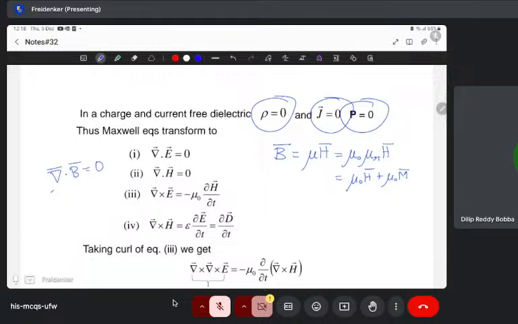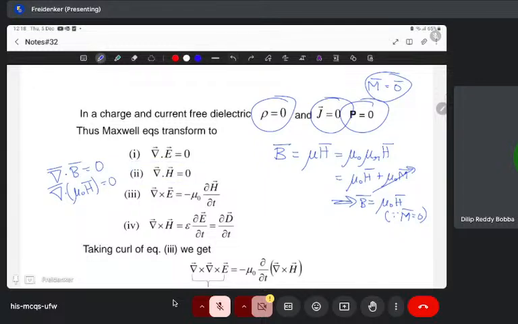So divergence of B is nothing but mu naught. Like how they considered P to be zero, you also consider magnetization to be zero. So that would mean in that special case, B bar is nothing but mu naught H bar. This is when magnetization is zero. So I can replace B bar with mu naught H bar. So that is how they got divergence of H bar is zero.